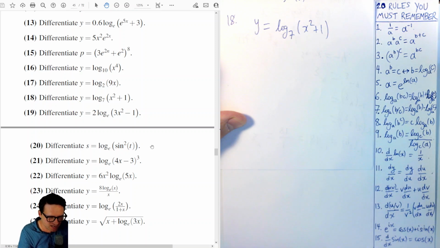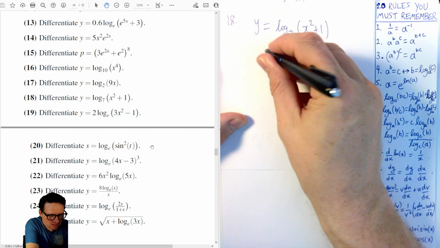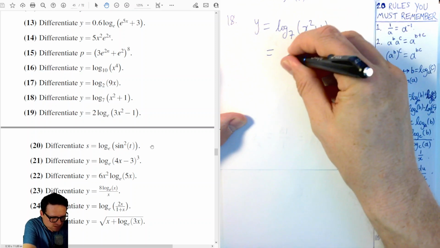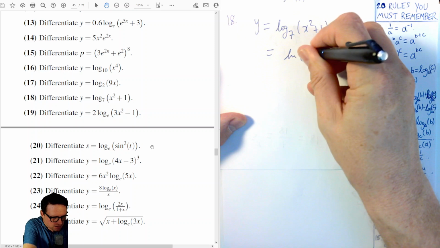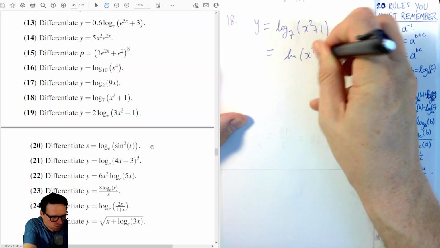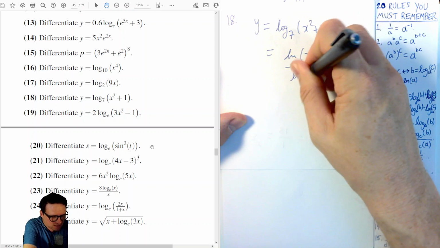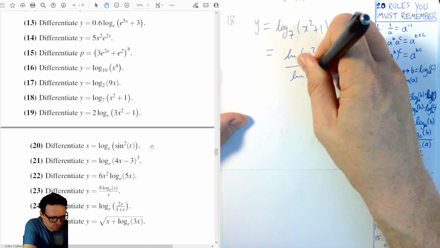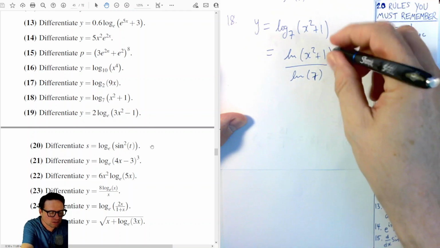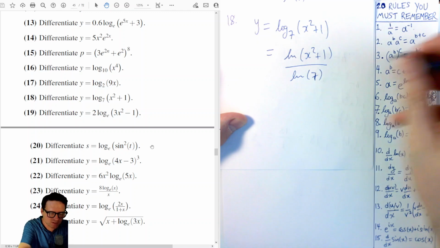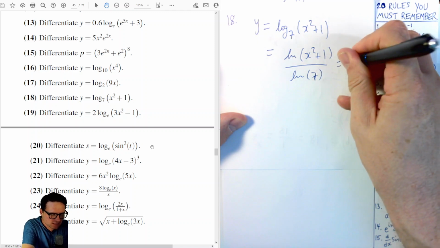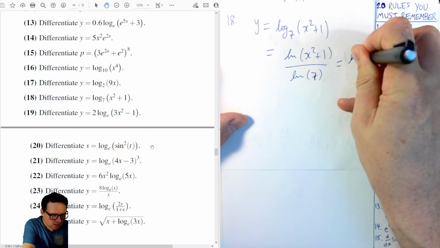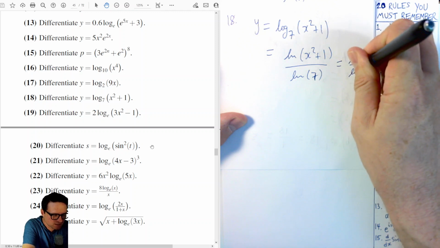So we want to change base here and put this in base e. So ln of x squared plus 1 over ln 7. Now, let's say u equals x squared plus 1. So we have ln of u over ln of 7.